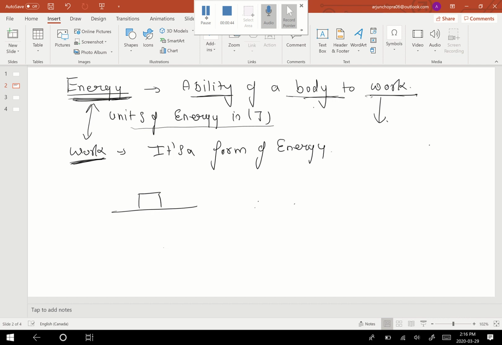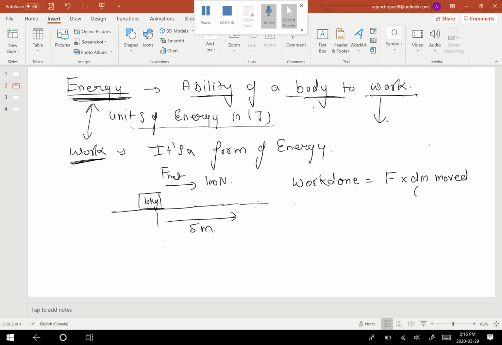So if this is an object, and let's say the mass is 10 kgs, and the net force F net on this object is 100 newtons, and because of that 100 newtons, this object ends up covering a distance of 5 meters. I want to find the work done. The formula for work done is force times distance moved in the direction of force.